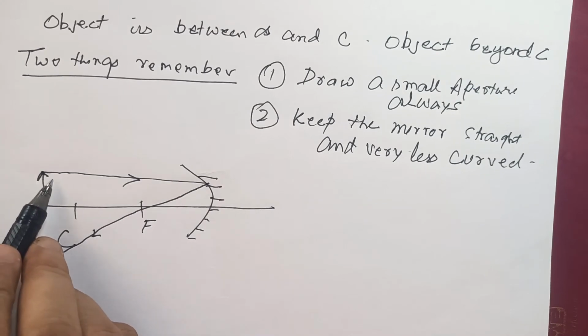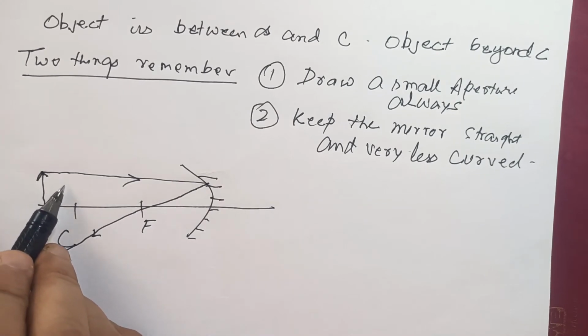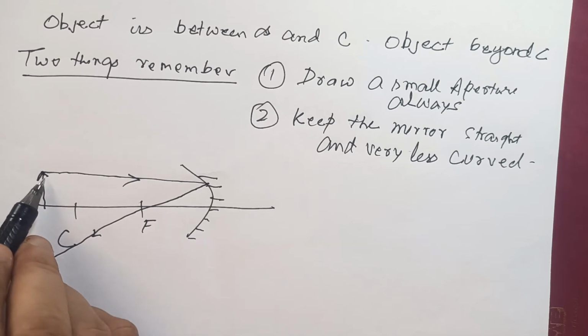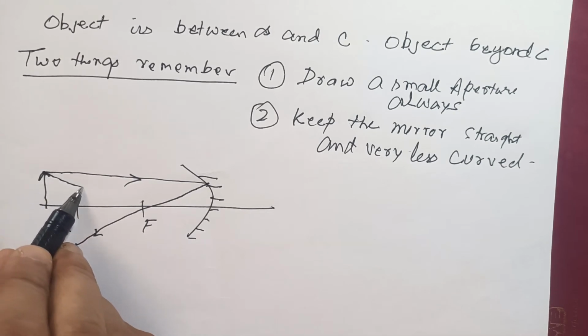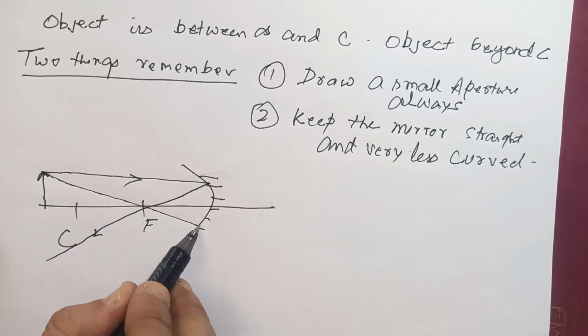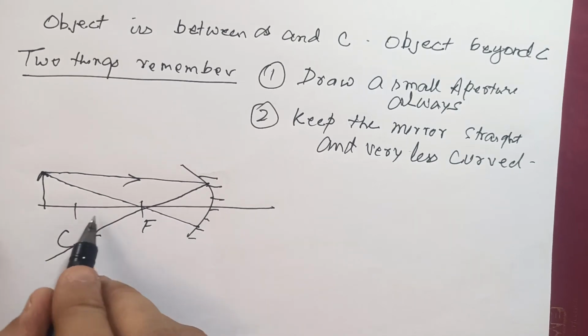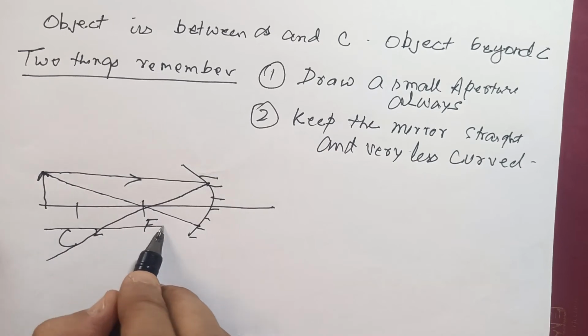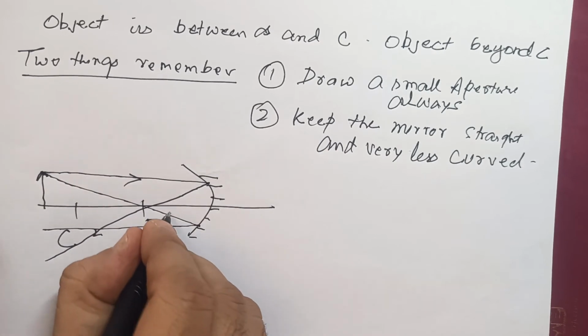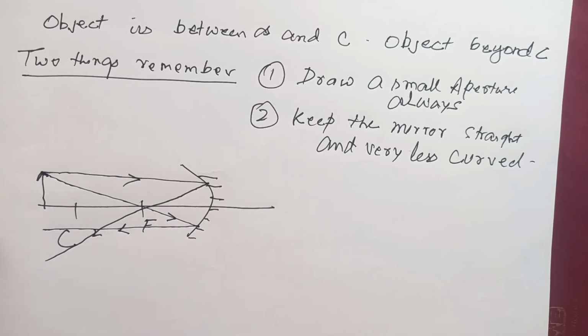Now here one ray is going through the focus directly. It will hit the mirror and then where will it go? It will go parallel to the principal axis as per rule number 2, which we told in the earlier lecture.